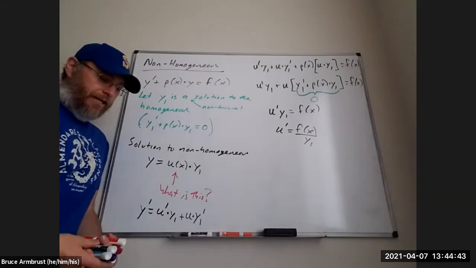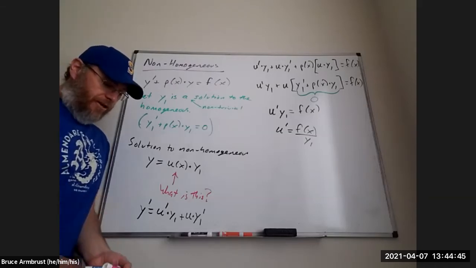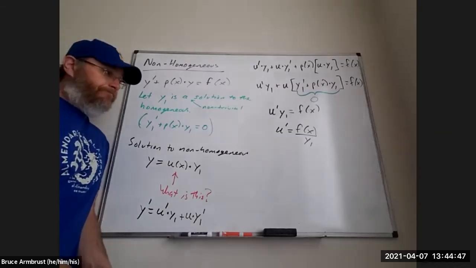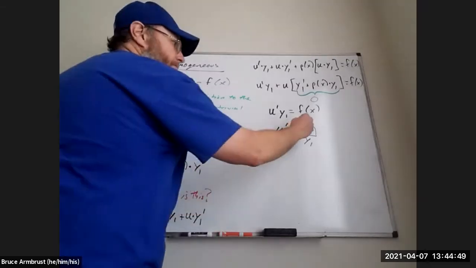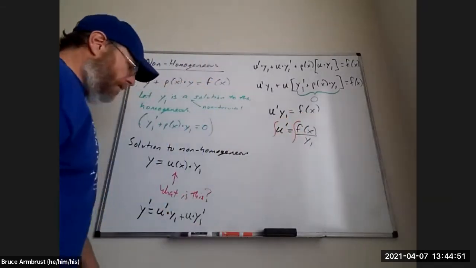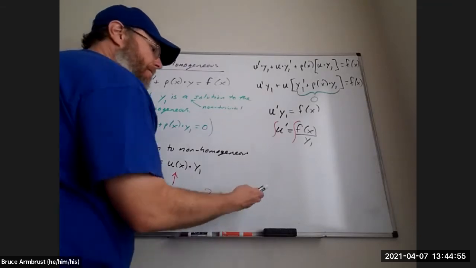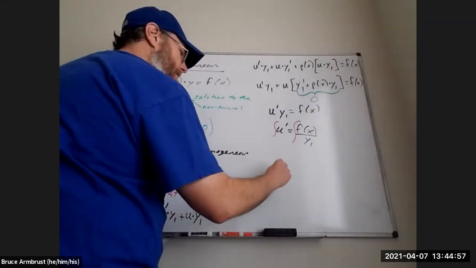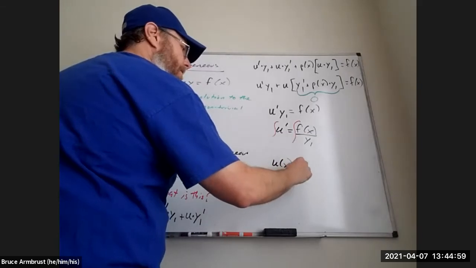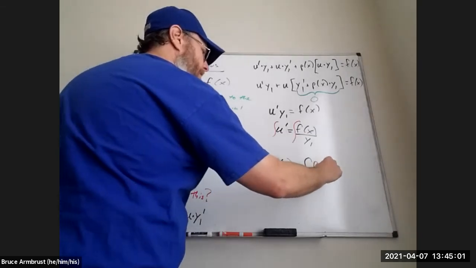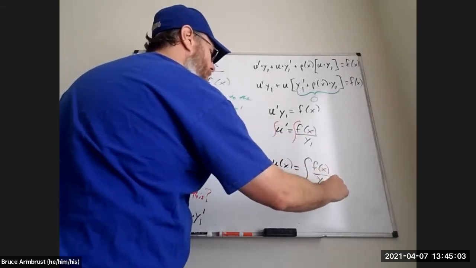So if I want to get u, all I have to do is integrate. So this magical, mysterious u of x is going to equal the integral of f of x over y1.